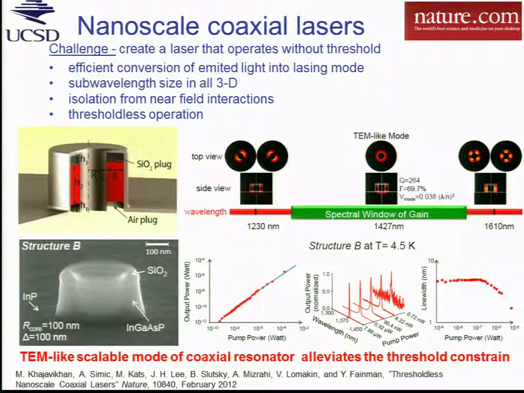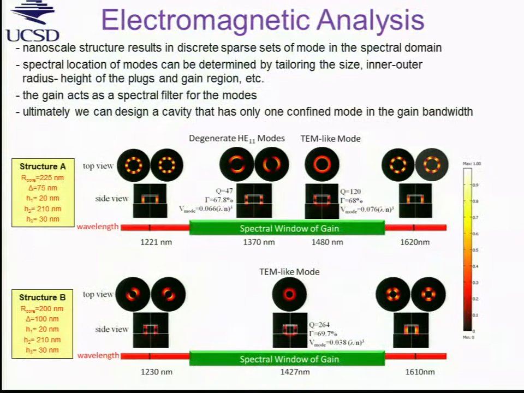So that's the resonator that we investigated, and we actually made two designs. One is structure A that supports the TEM-like mode and a degenerate HE11 mode. So just to compare the two designs.